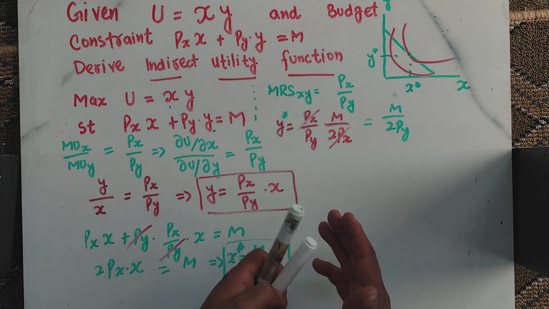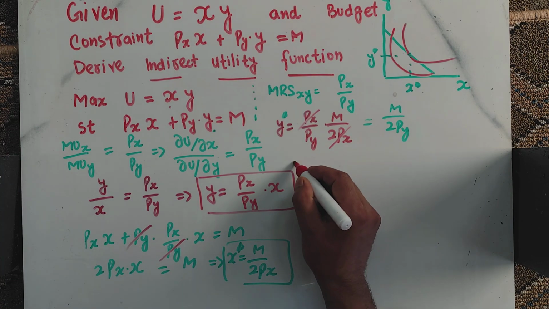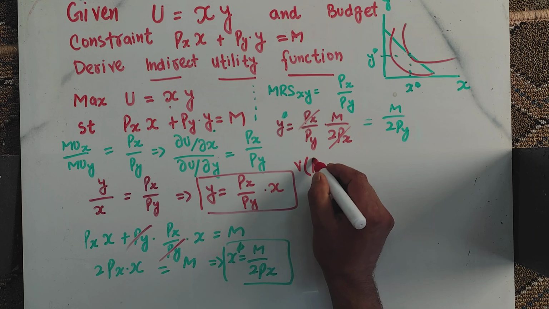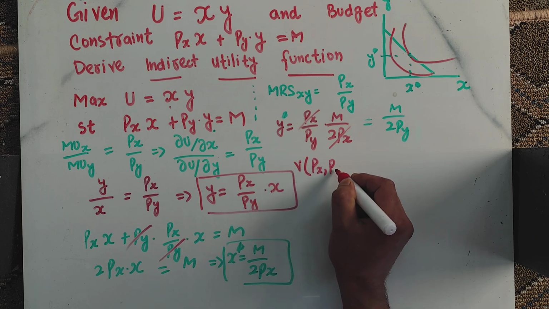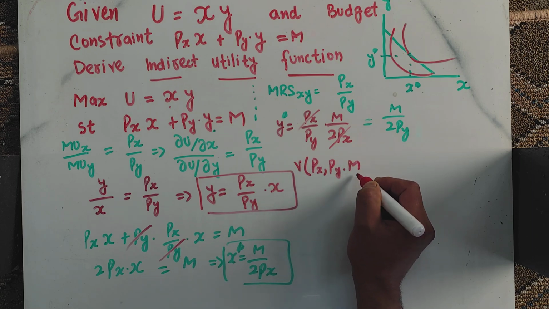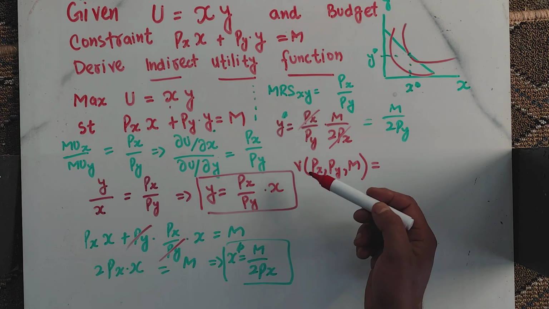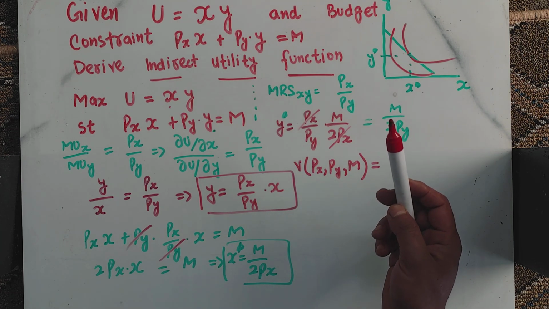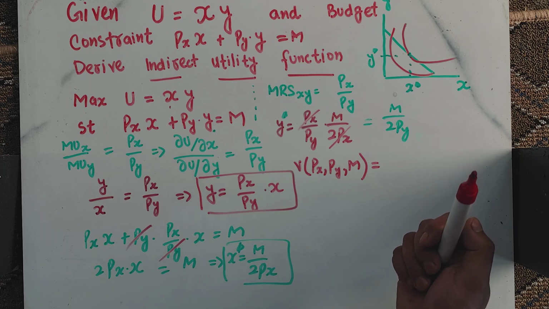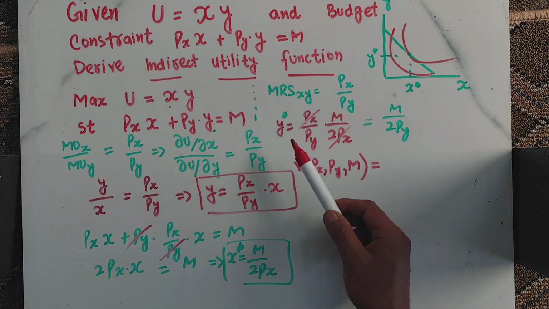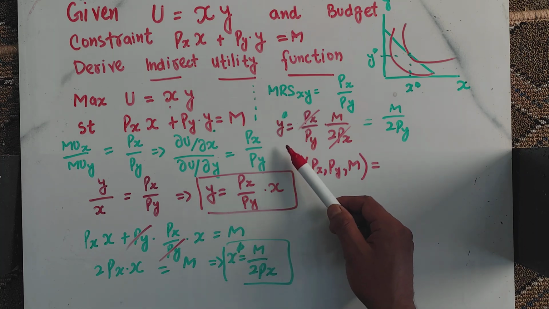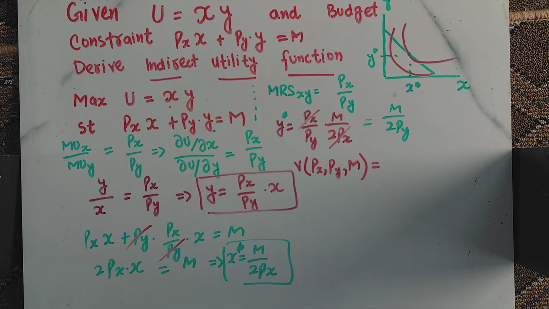What is the indirect utility function? The indirect utility function is a function of the price of good x, price of good y, and income of the consumer. We plug the demand functions that we got here into our direct utility function.